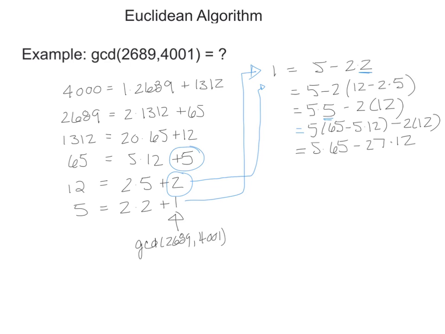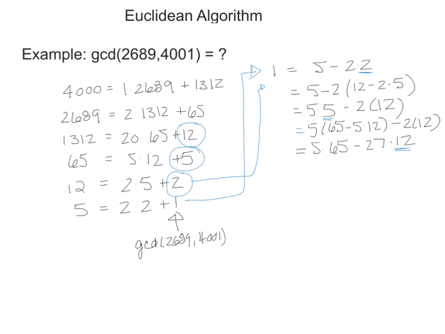Working my way up, so now I want to substitute this 12 in my equation with the 12 here, the remainder. So again, I look at the remainder to see what I can substitute. So for this 12, I am going to substitute the 1312 minus 20 times 65.